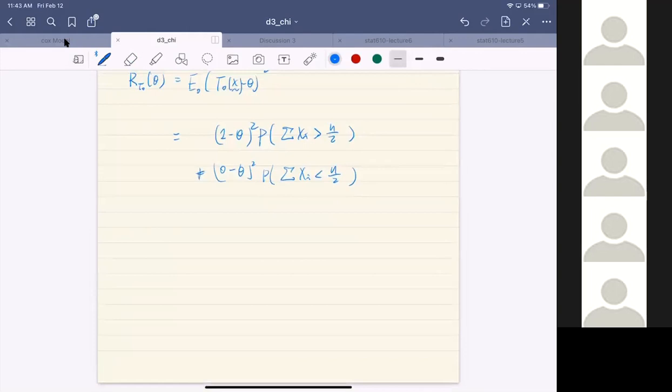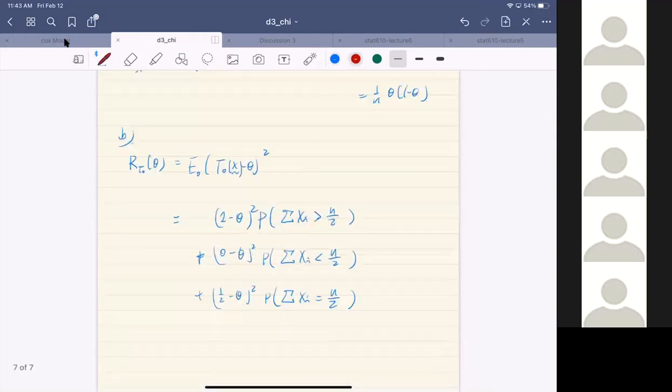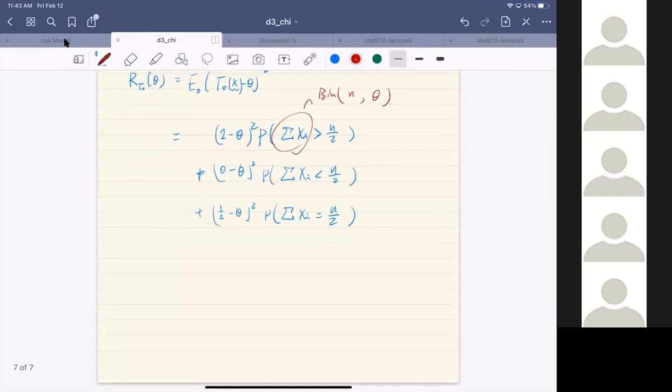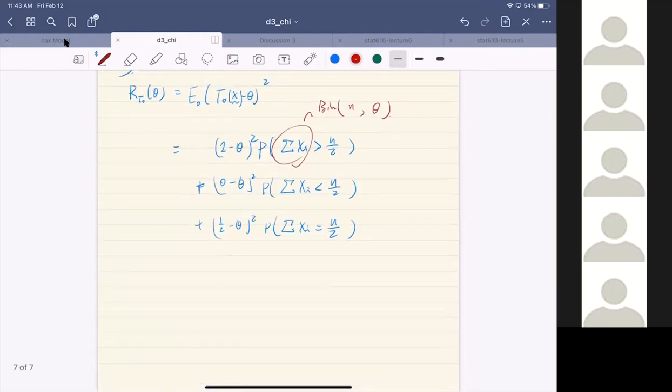And the next one is 1 over 2 if the summation is equal to n divided by 2. This is a binomial distribution with theta, so we know the probability. So that's the answer.